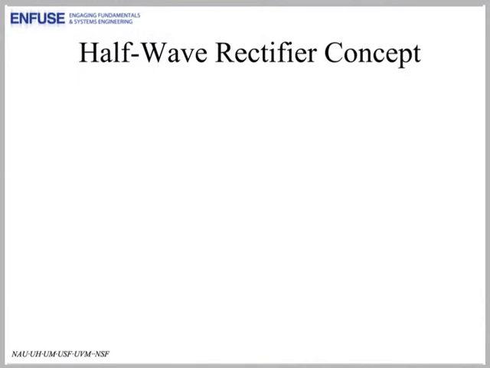We can use a diode to rectify current, and by rectify we mean keep the current going in only one direction. I'm going to draw a half-wave rectifier. Here's our diode.